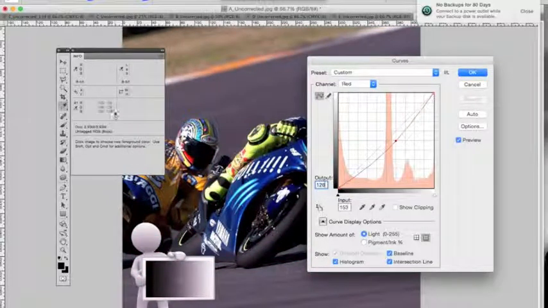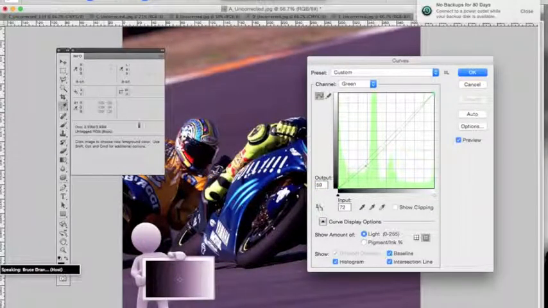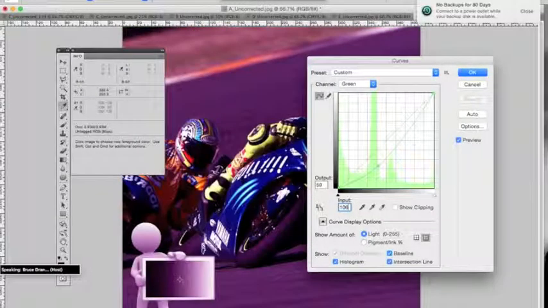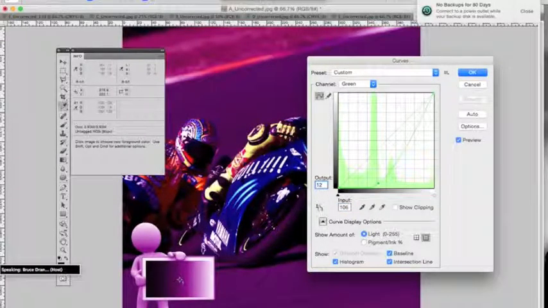And now the channel which is out of balance is green. And so we're looking for 109, and we want 126.